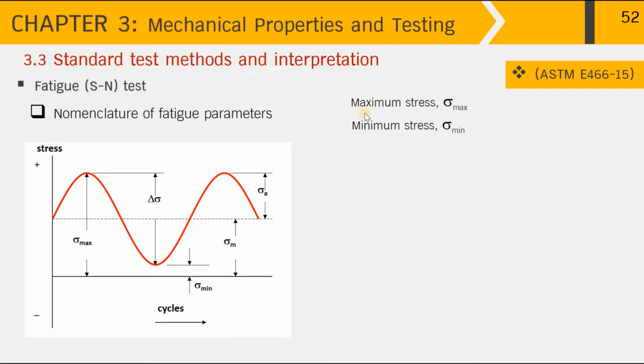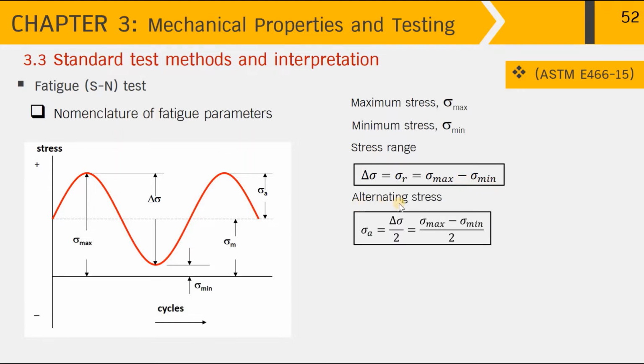And therefore, for summary, we now have the parameters as follows: the maximum stress or sigma max, the minimum stress or sigma min. Then we have the stress range, and you can write it as the delta stress or sigma R that equals sigma max minus sigma min. And then is the alternating stress or the stress amplitude or sigma A, which is half of the stress range.